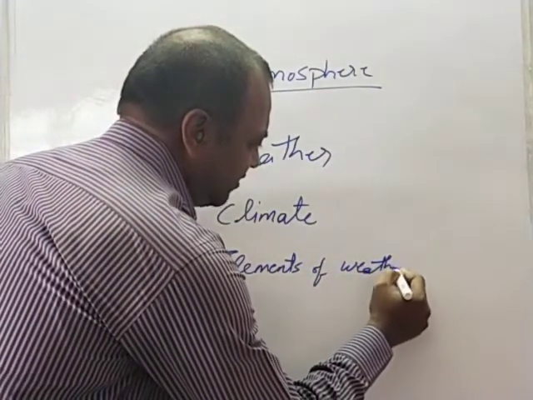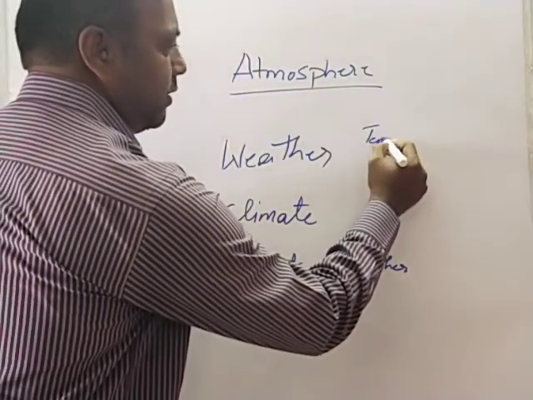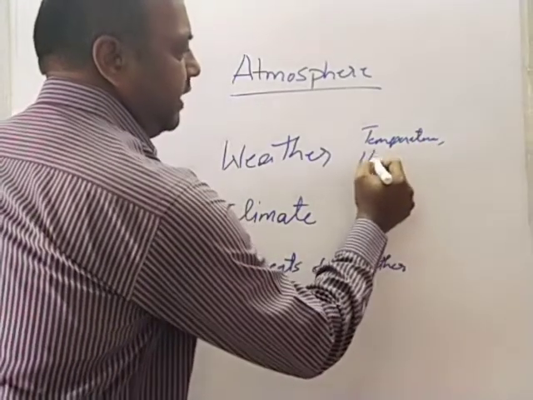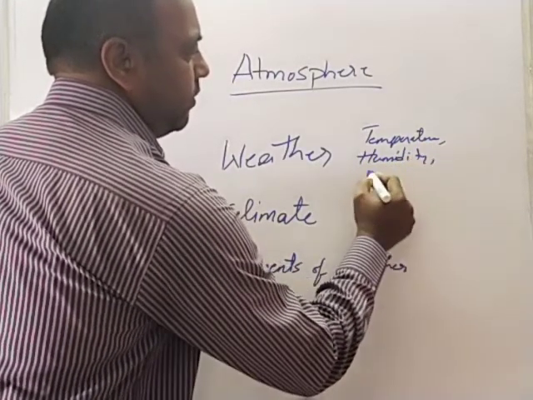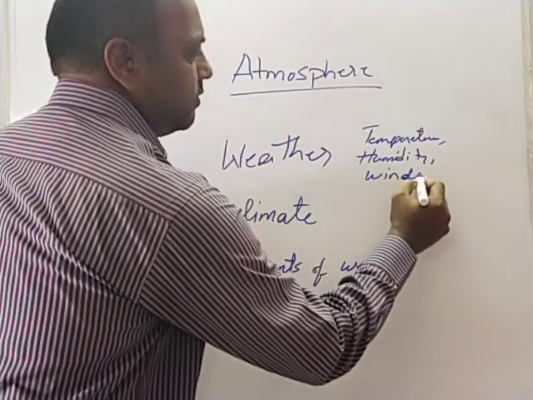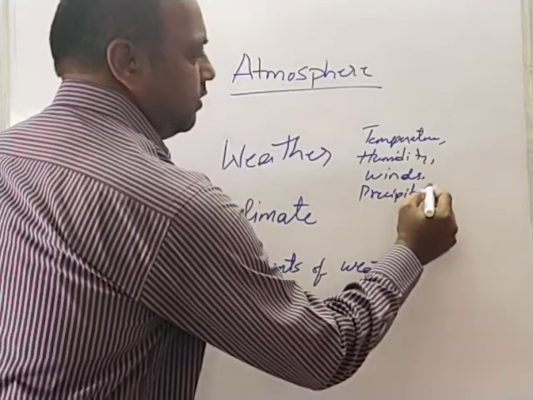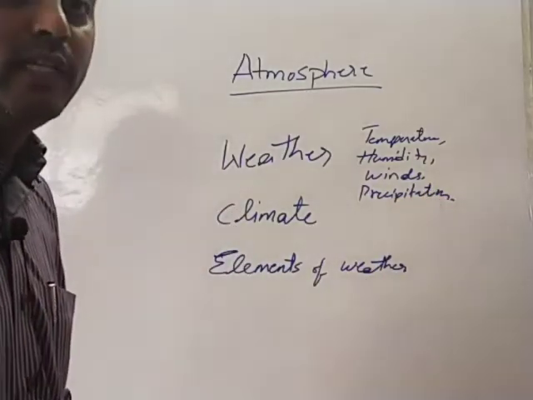What are these elements, children? These elements are temperature, humidity, winds, precipitation.